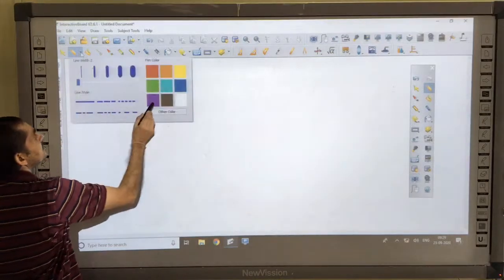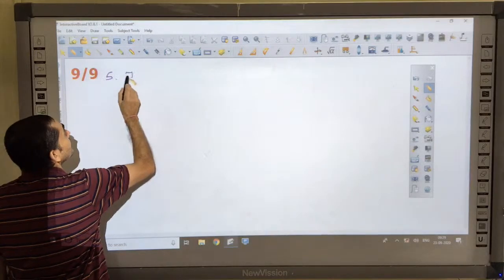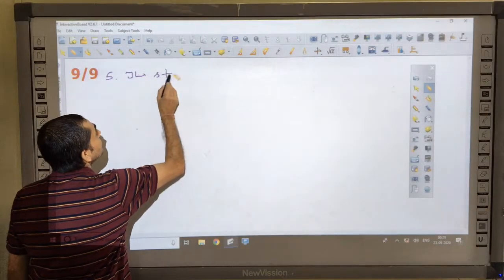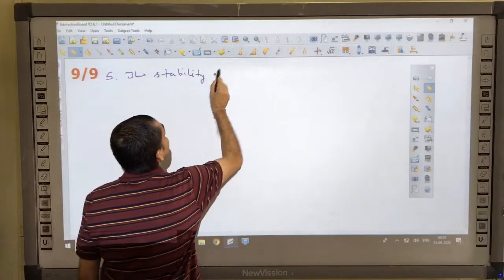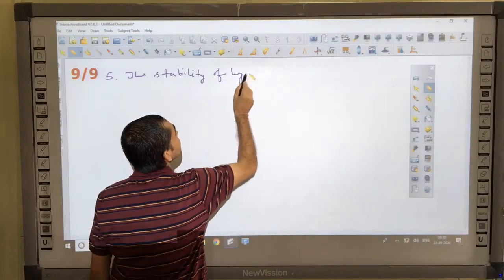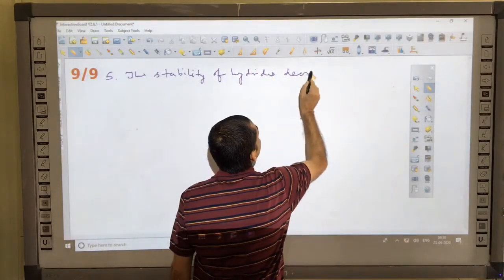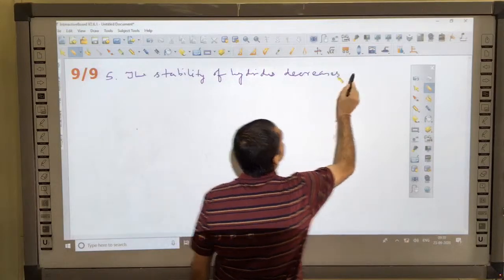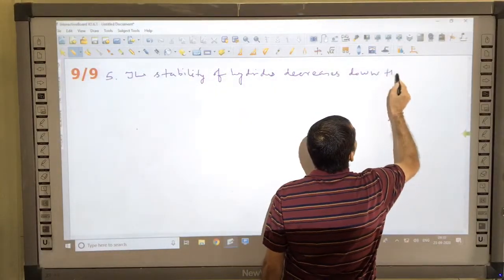Fifth, the stability of hydride decreases down the group.